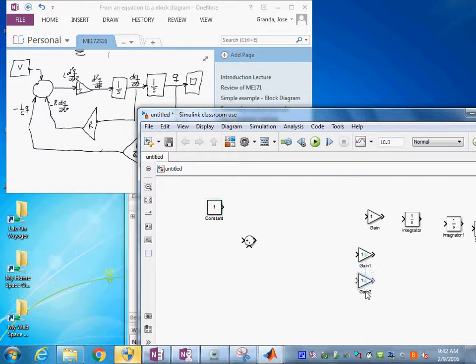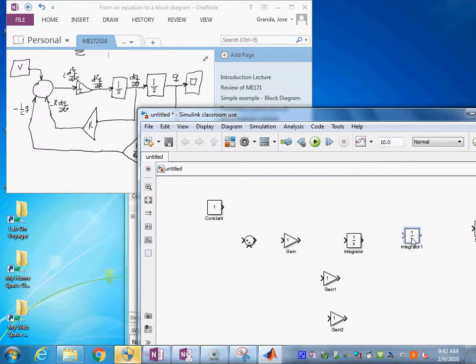You know that this is a plus over here, and this is a minus and minus, obviously. So we need to double click on this and put those signs the way we want it. So we have plus and minus minus.